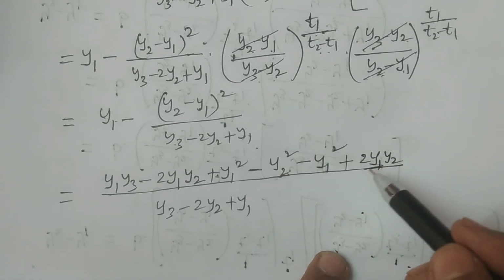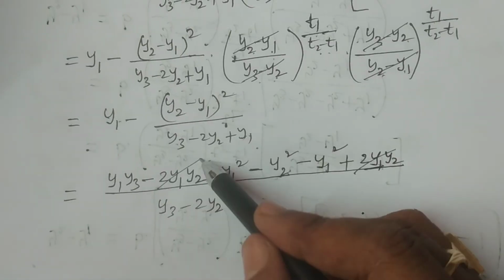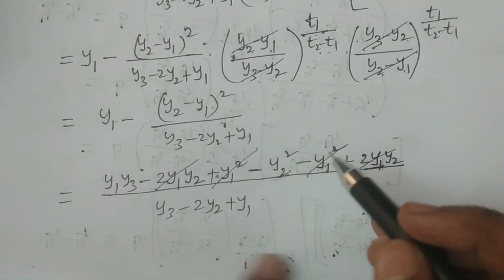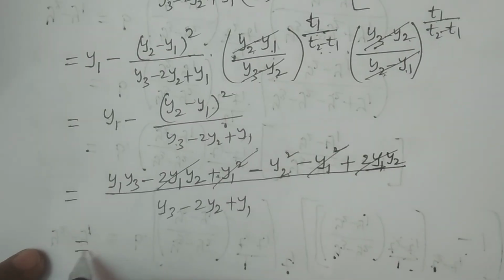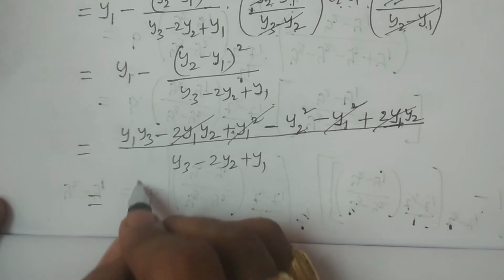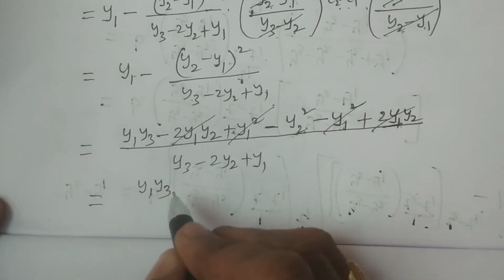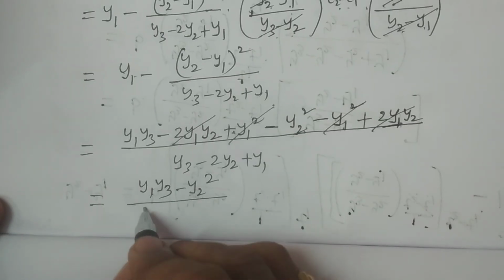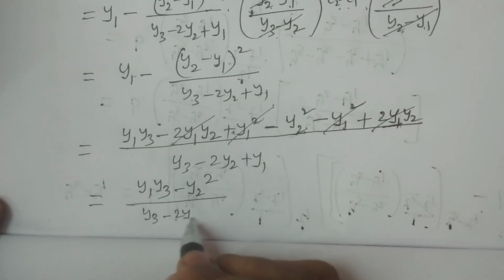Now we can cancel plus 2y1y2 and minus 2y1y2, and minus y1 square and plus y1 square. So the remaining value is y1 y3 minus y2 square divided by y3 minus 2y2 plus y1.